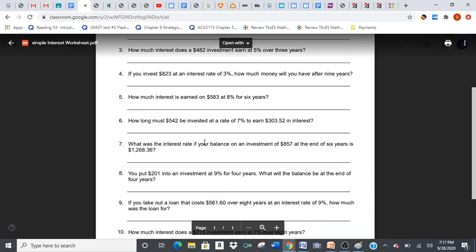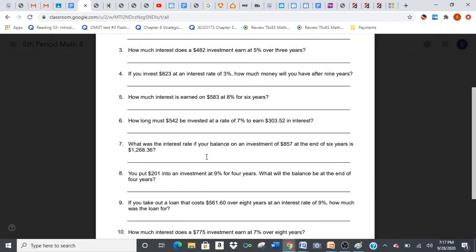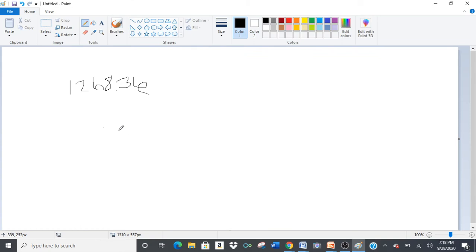What was the interest rate if your balance of an investment of $857 at the end of 6 years is $1,268? So what I try to do is label everything. So we're looking for interest rate. So I equals P R T.